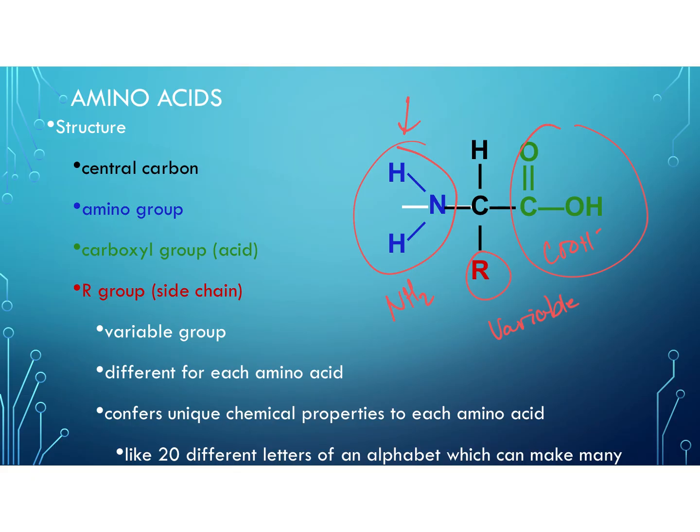The R group is where we get a lot of how the protein is going to interact. All of the amino acids have the amine group and the carboxyl group, but it's the side chain, or variable group, that gives each its unique property.